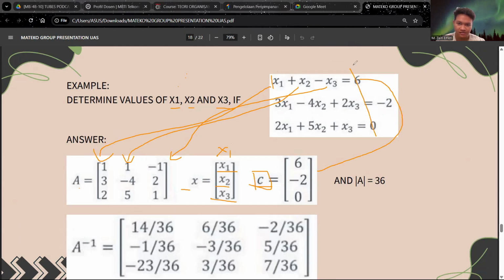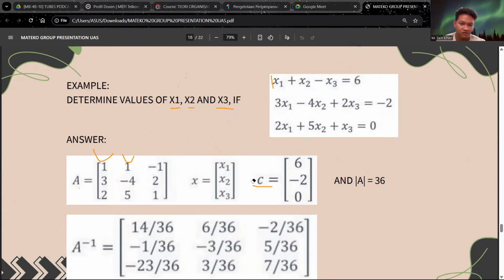This is C. So from that calculation, we have A equal to 1, 1, minus 1, 3, minus 4, 2, 2, 5, 1, x for x1, x2, x3, C is 6, minus 2, and 0, and the determinant of A is 36.